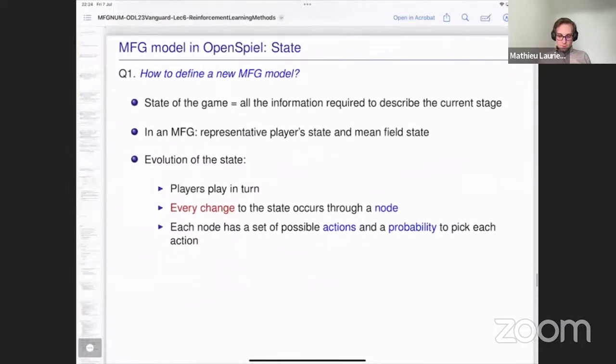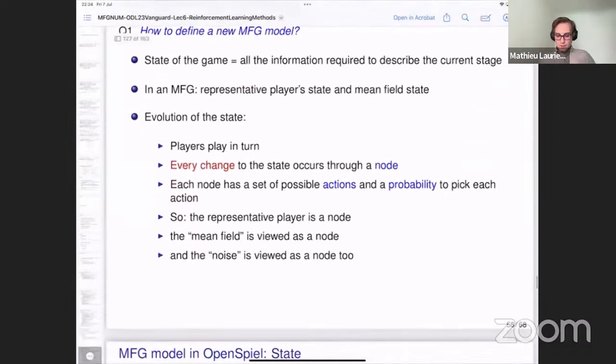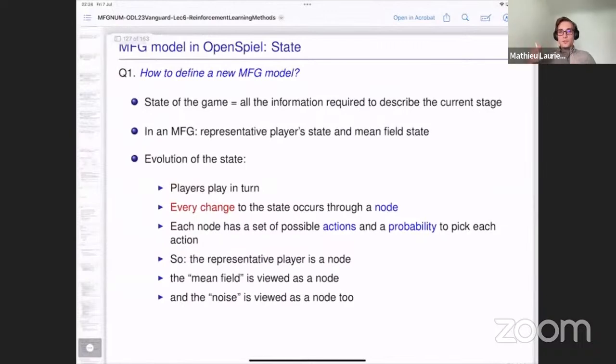And if you want to contribute, that would be great. So the main thing to have in mind is that every change in the game occurs through a node. So everything will be characterized by a node. So in particular, the representative player, when he plays an action, it is a node. When the mean field moves, it's a node.